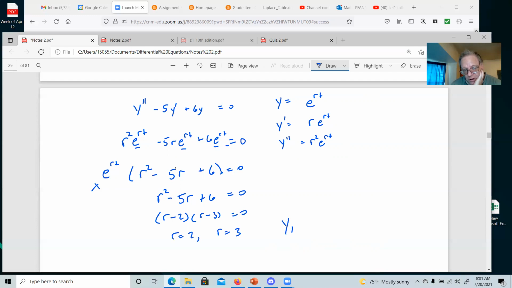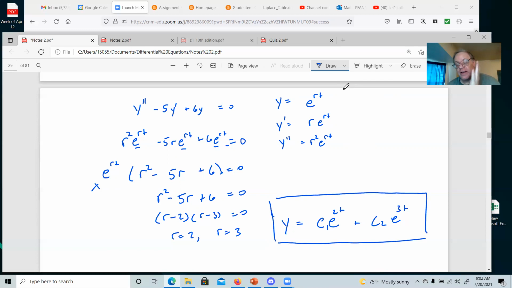So we're going to say that our y, not y1, just y, okay, is equal to our c1 e to the r, right? It's now 2, right? In one case it's 2, plus c2 e to the 3t. And that's what we're going to call our solution here.